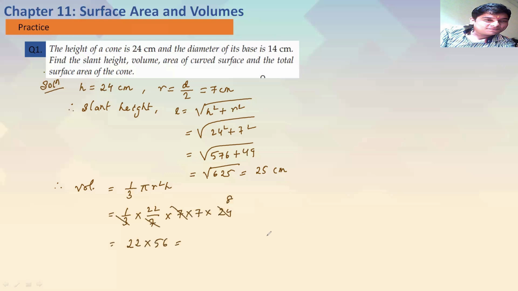Here 22 multiplied by 7 multiplied by 8. 22 into 8, that's 176, right? Yes, sir. And there is a 7 here, right? Oh, yes, sir. 176 into 7. I forgot that.